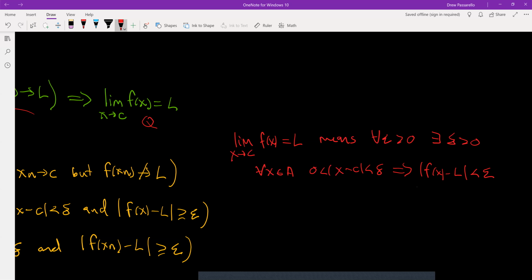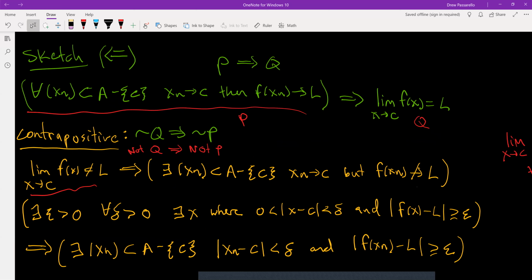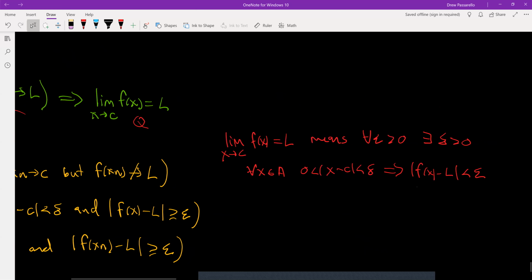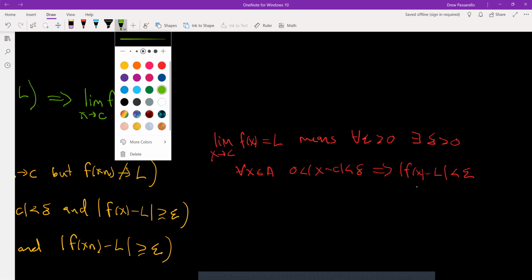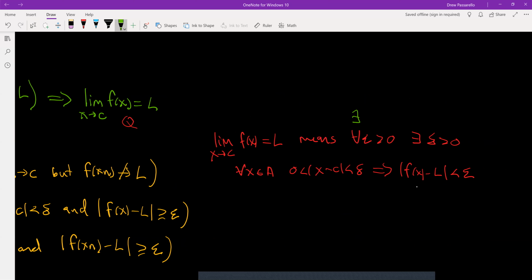So if we're going to make the negation of that, because that's going to be our not Q in this case, that means we change these quantifiers. So this changes from for all epsilon to there exists. This changes to for all delta. This changes to there exists an x.